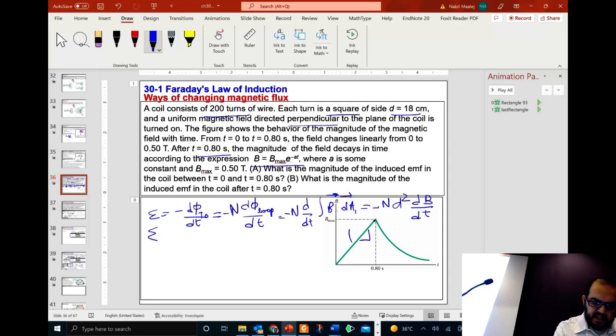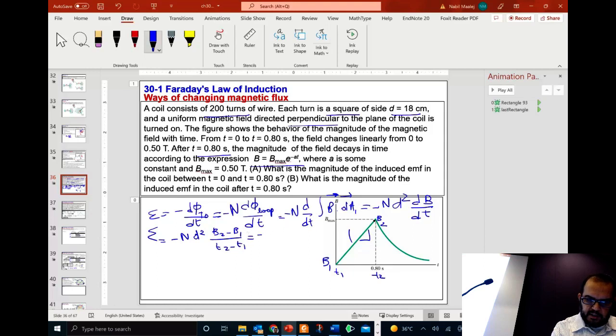So I can write the induced EMF is minus N d squared. Okay, the derivative is a slope. So let me call this B2, B1. This is T1, T2. So the slope is going to be B2 minus B1 divided by T2 minus T1.